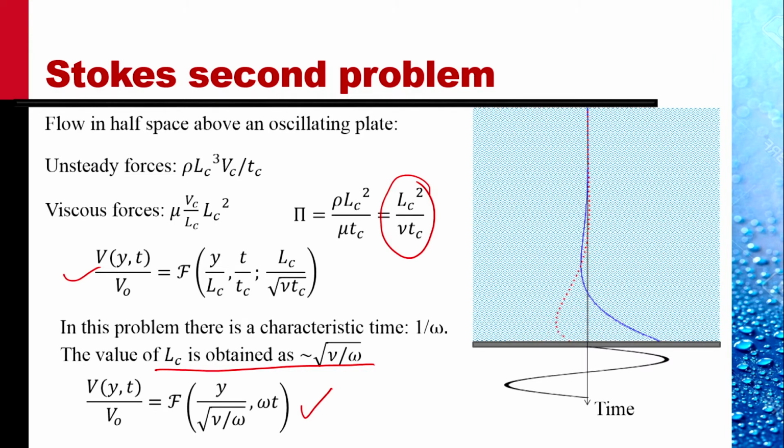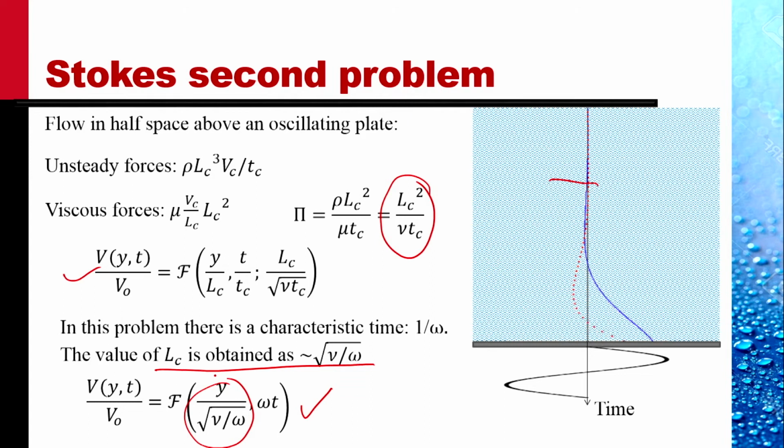But there's still progress, in the sense we get to find out what the penetration depth is. This is the penetration depth, where this value is constant. As omega changes, this value of the penetration depth changes.